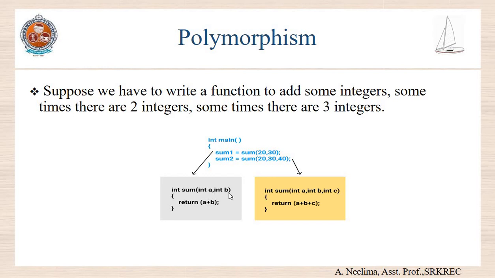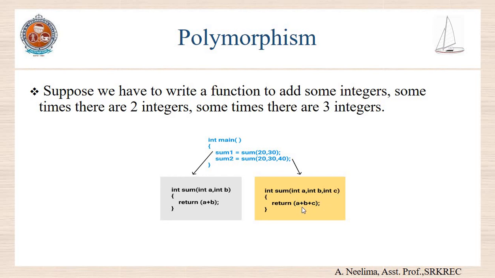It adds up A plus B, that is 20 plus 30, and returns the value 50 to sum1. And in the next statement, sum2 equal to sum of 20, 30, 40, this function will be called: sum of int A, int B, int C, where A value is 20, B value is 30 and C value is 40.